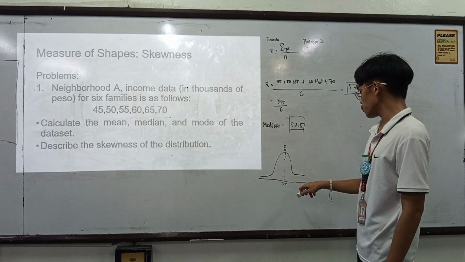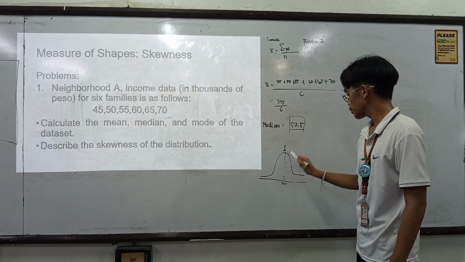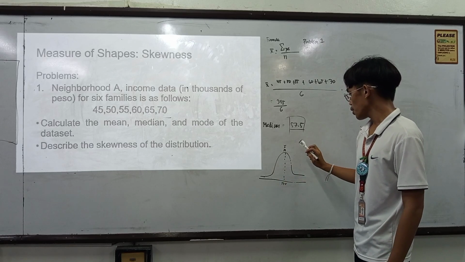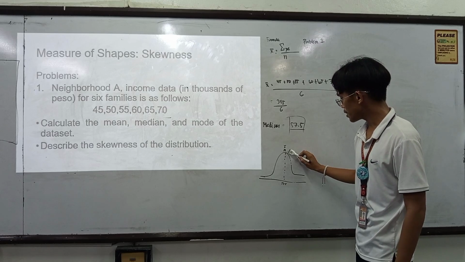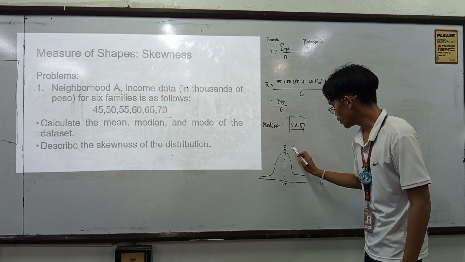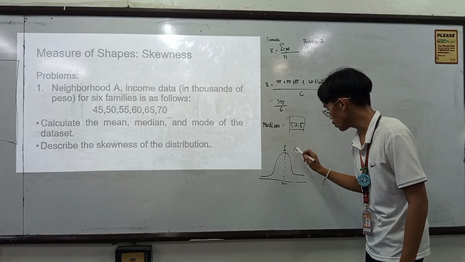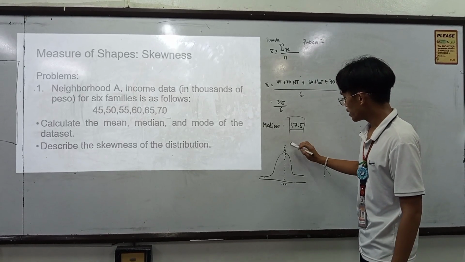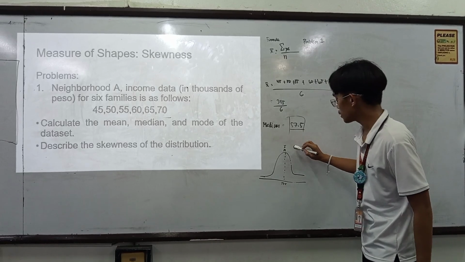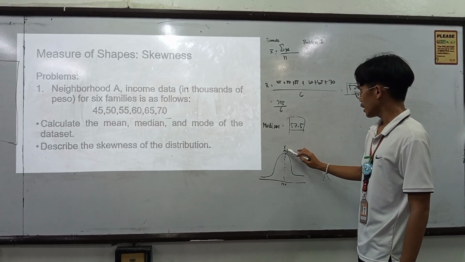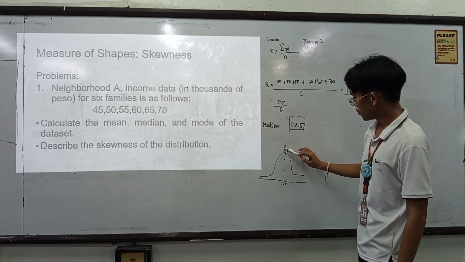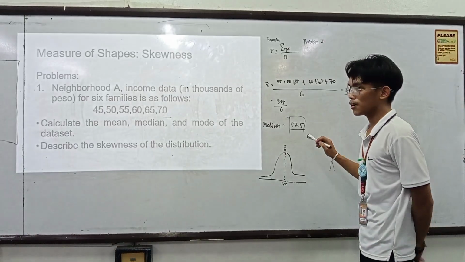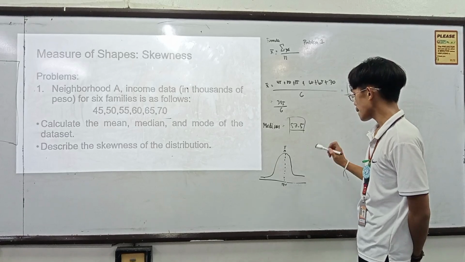Now, in a visual presentation, in a bell curve, the median is located somewhere in the middle, and the mean is also located there. Let's put it into a visual representation.